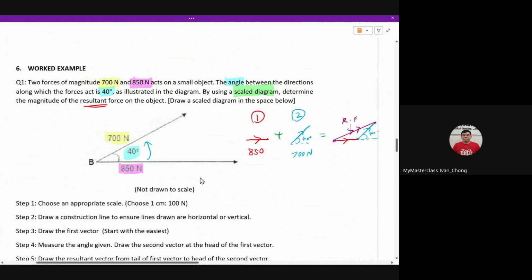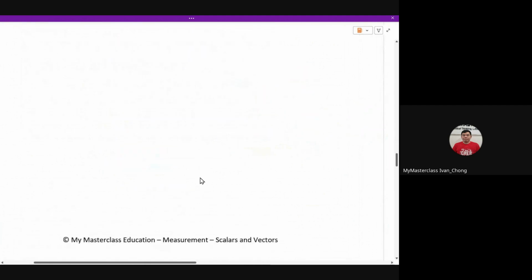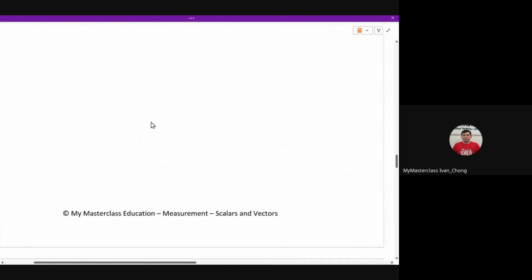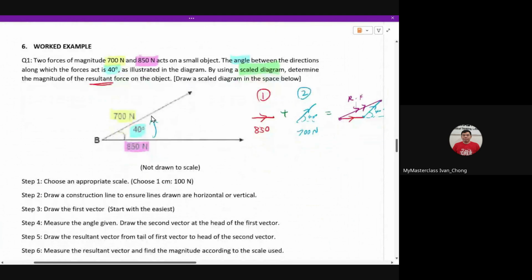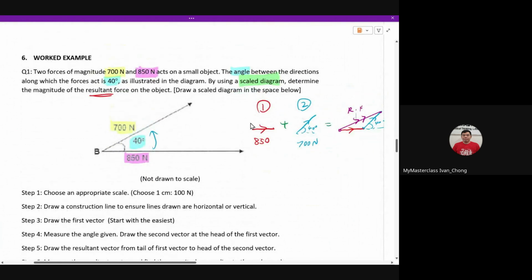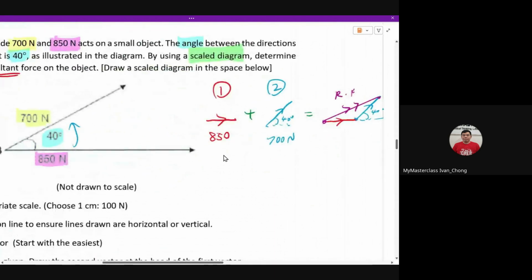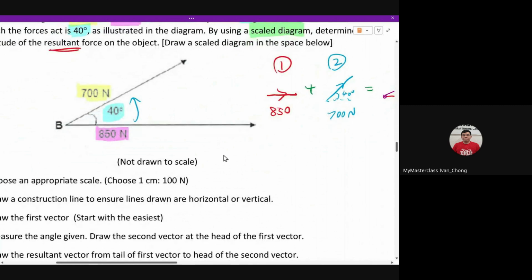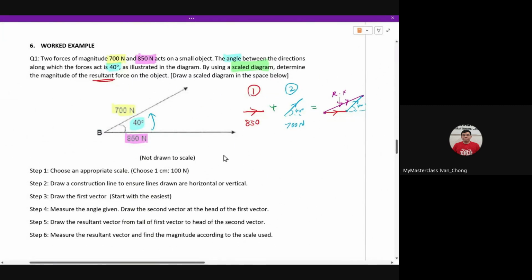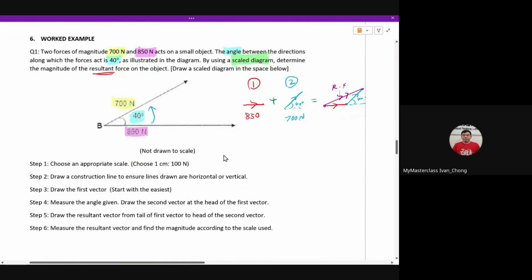So first thing you ask yourself, the space I'm given is quite big, correct? So I want to choose an appropriate scale. So you look at your numbers. You have 850, you have 700, and if you notice your purple color one, the purple one is slightly longer than your 700, 850. So what you want to choose maybe is something that's about... just remember the longest length must be less than your 15 cm ruler.